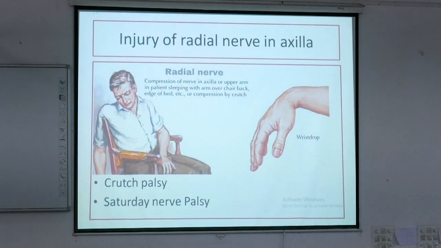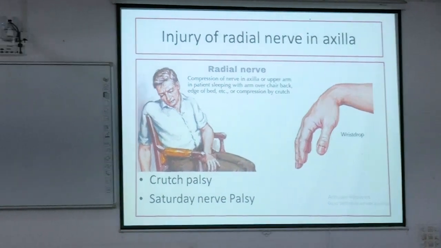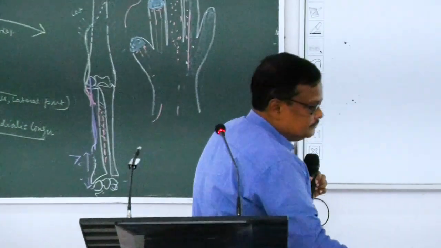So it is called Saturday night palsy. Both are the same. Etiology, cause is different, but both are the same. আর কি হতে পারে? অনেক সময় dislocation of the shoulder joint also causes radial nerve injury, very rare.